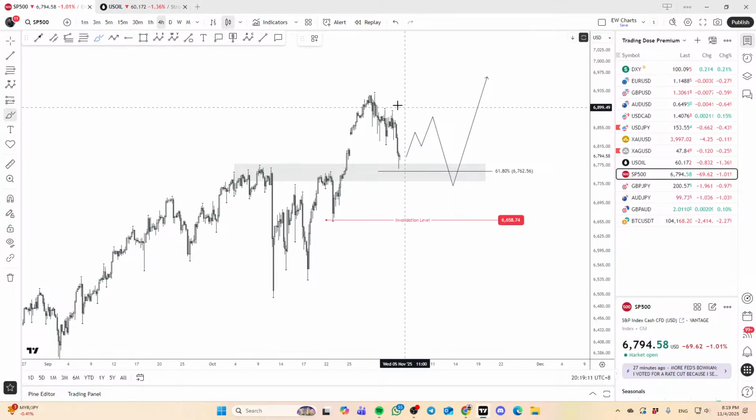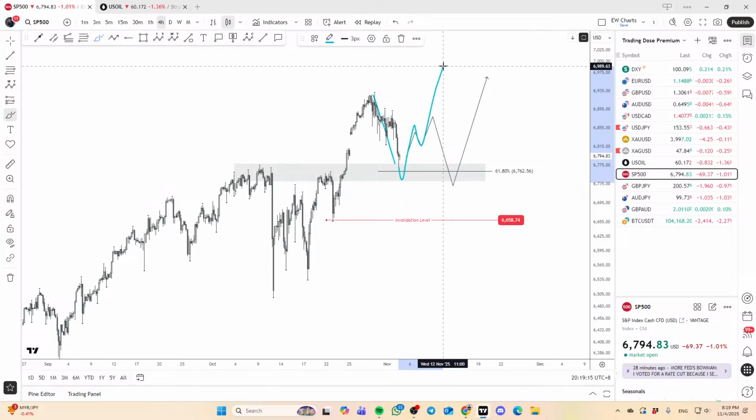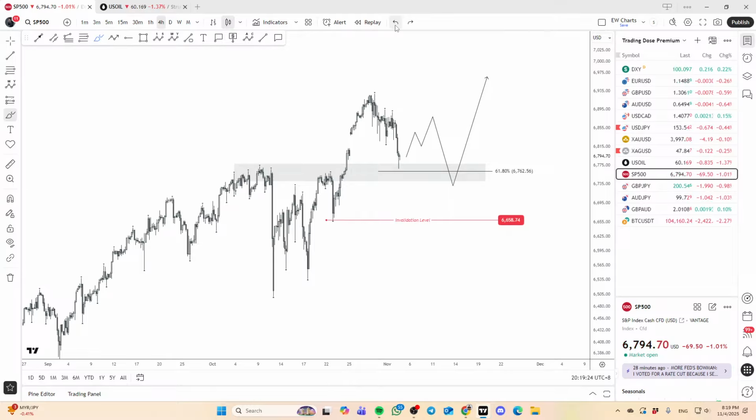Whether this is gonna be doing a three-wave development or this is all it is, and then the market starts going up, to be very honest, obviously nobody would know. But the idea here is we're bullish buyers and we're waiting for a buy trade setup, right? But at this very moment, obviously there's no buy trade setup, right? Based on the setup and the strategy that I personally use, right? But of course, if you have slightly different techniques to get involved in the trade, by all means, right?